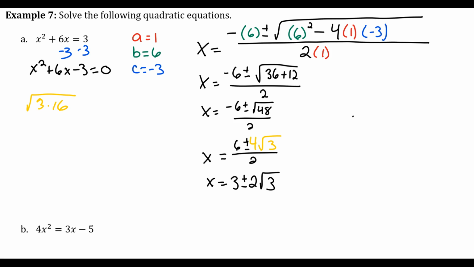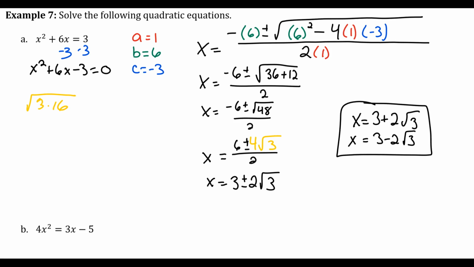So if I needed to, for being able to see it, I could say 3 plus 2 square root of 3, and 3 minus 2 square root of 3. And knowing how to break these up into different items will help you on your online homework and things of that nature. So these are my 2 answers for this first example.